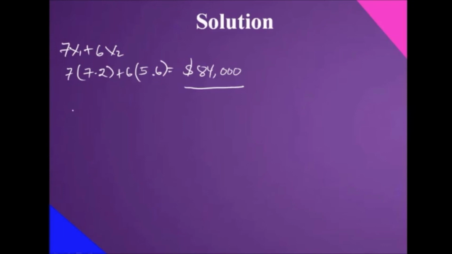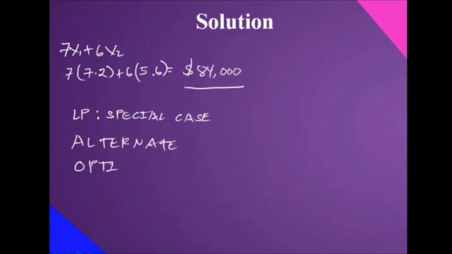Kung babalikan niyo yung topic natin, di ba? Ang topic natin is linear programming special cases. Special case po kasi yung ganyan. And specific topic natin, di ba? Alternate optimal solution.